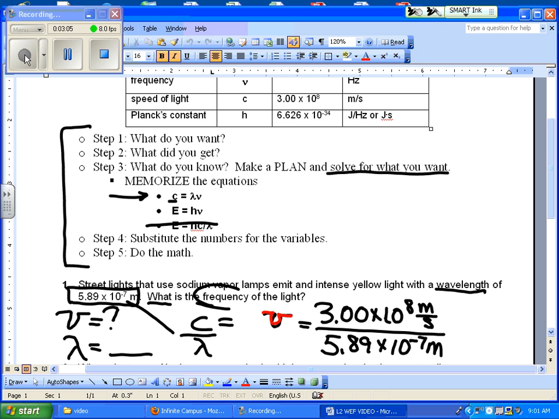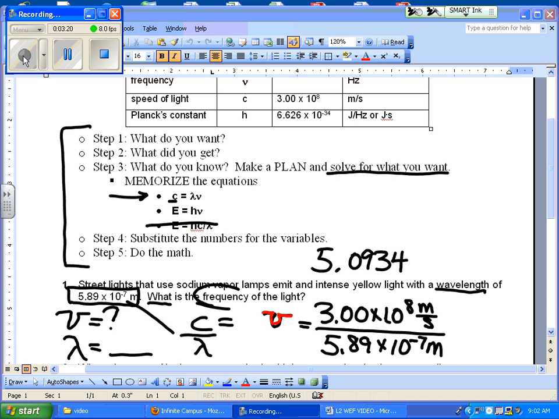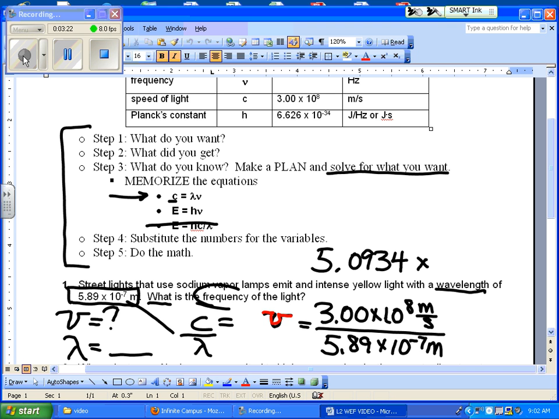On my calculator, what comes out is 5.0934 times 10 to the 14th. And because this is frequency, I'm going to call it hertz.